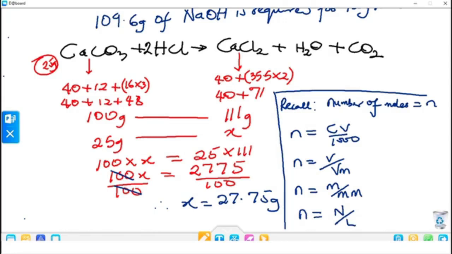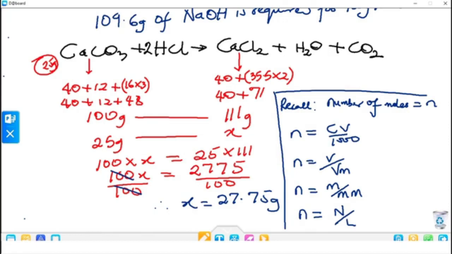These are the relationships we saw when we were talking about number of moles having a close relationship with other parameters. So looking at these equations, what do you think? Figure out which of these formulae is most ideal for getting what we are asked to get, the number of moles of calcium chloride.